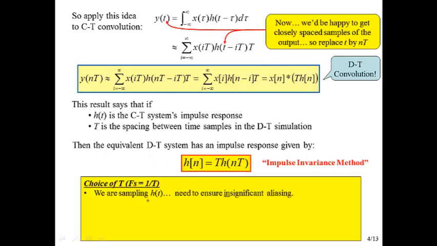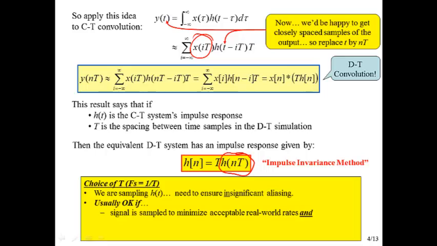So not only do we need to choose T to make sure that our signal is sampled without aliasing, we also have to make sure that our impulse response is sampled without any significant aliasing, and that can be a problem sometimes.